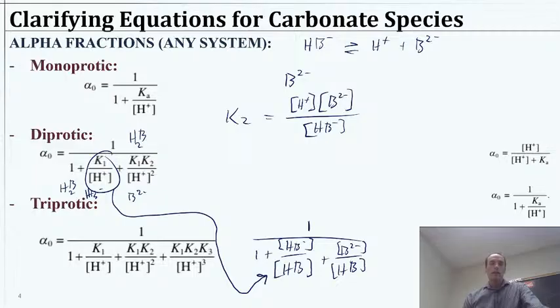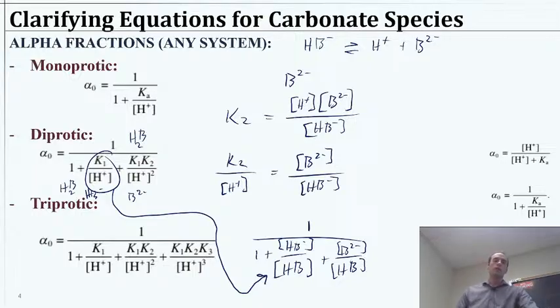Well, we have it as a function of, we're going to find that we can get HB minus, we can get that same substitution here, right? So we can write B2 minus as a function of HB minus. So I'm going to try to explain that. If we do K2 divided by H plus, on the right side we're going to have B2 minus over HB minus.